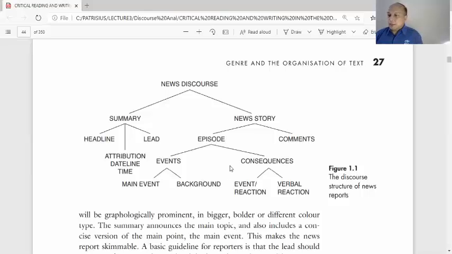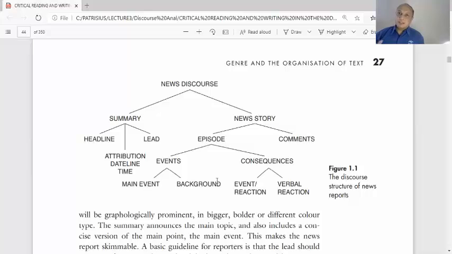So after presenting the main event and the background, there are consequences. Consequences are things that are caused by the main event. These are the conditions or situations or whatever it is, which is caused by the main event.